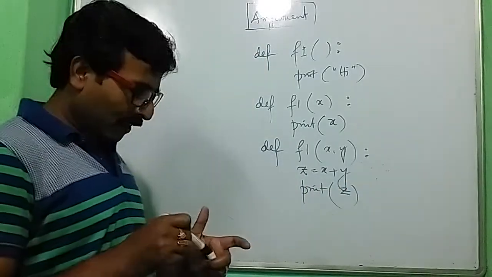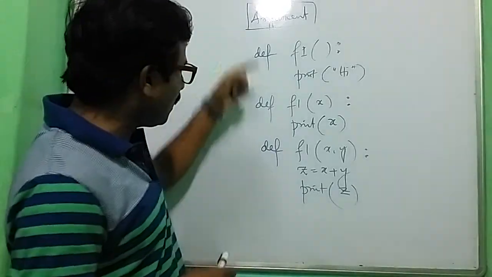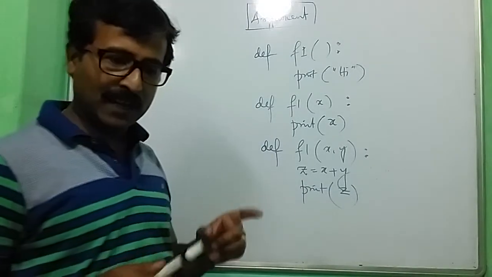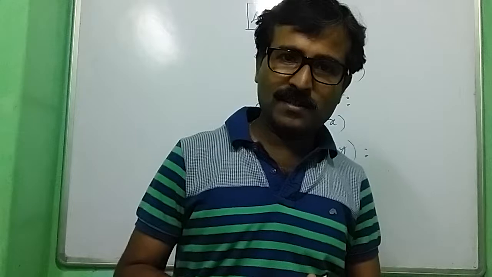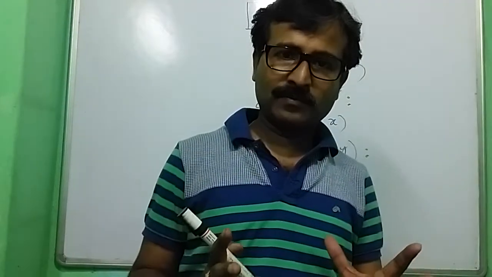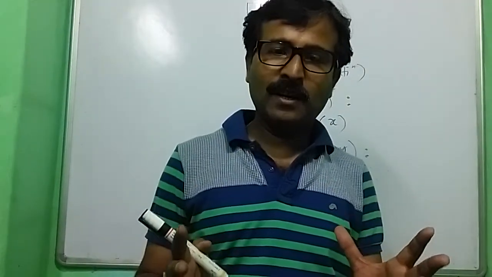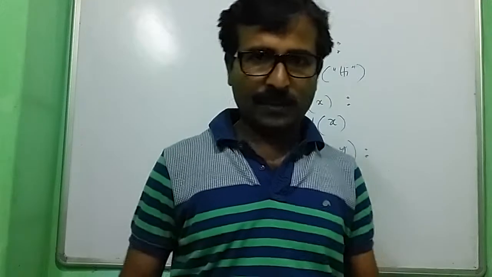Now one thing, do you think that this will print error? Because we know that the name of the function is a unique thing. The name of the function should be unique, should not be repeated.